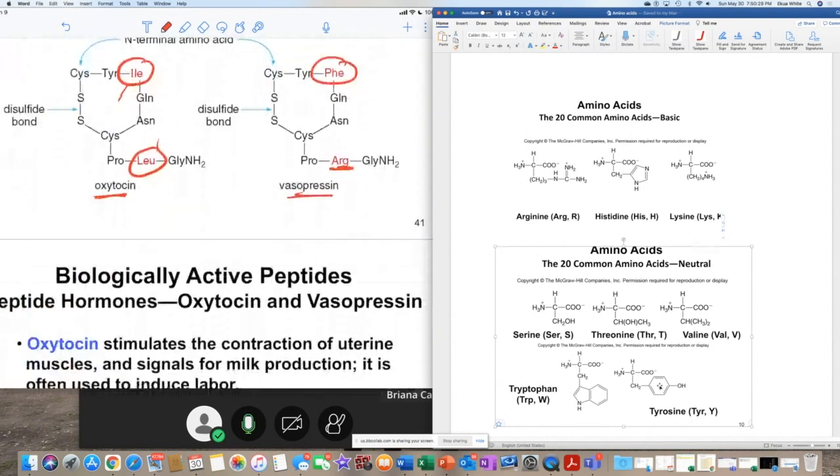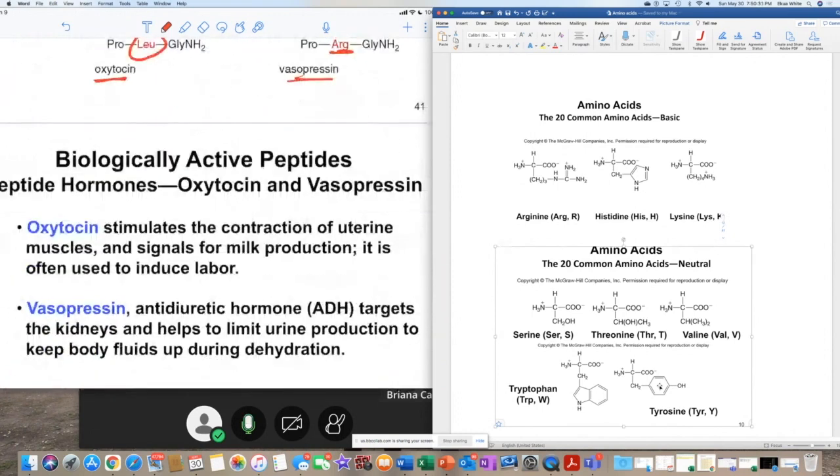So what do these do in the body? Oxytocin stimulates the contraction of uterine muscles to help with labor and pushing the baby out. And then it signals for milk production once the baby is born. So it helps with milk letdown.